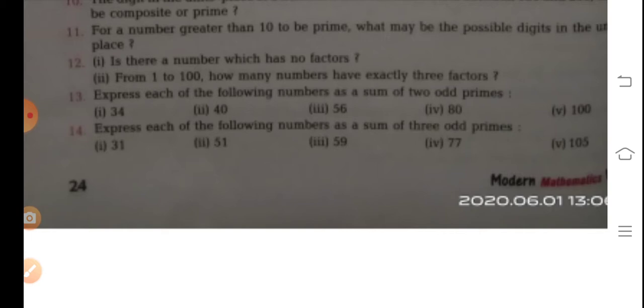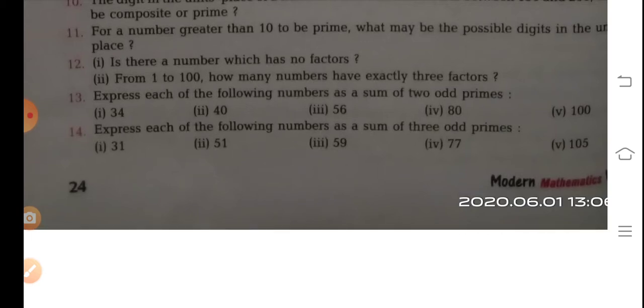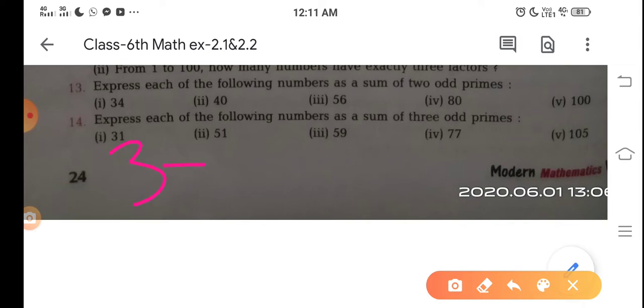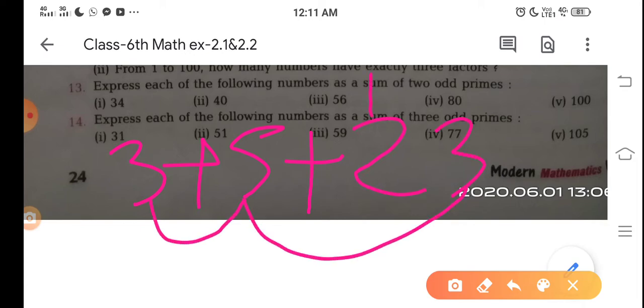In question 14, express each of the following numbers as the sum of three odd numbers. For the first one, 31: 3 plus 5 plus 23. 5 plus 3 is 8, 8 plus 3 is 11, carry 1, 2 plus 1 is 3, so 31.